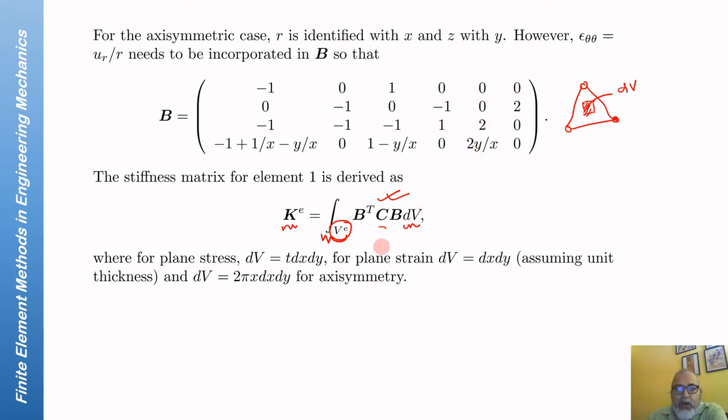Now, performing this integration over a domain is a key step in this process, and it was possible for the simple three-noded element to perform this integration in closed form. It may be very difficult to do in case of more sophisticated, more elaborate elements.